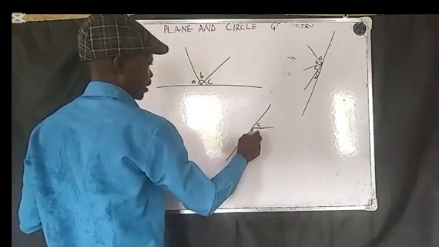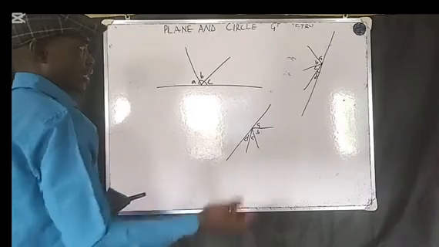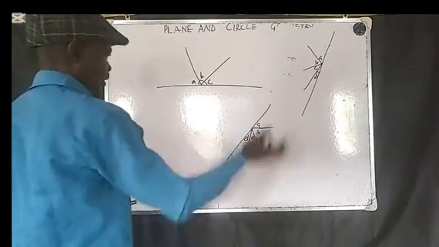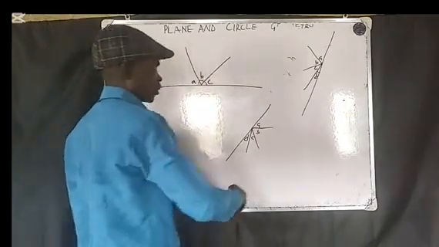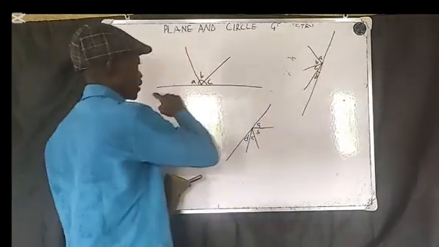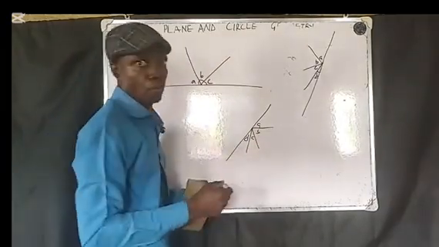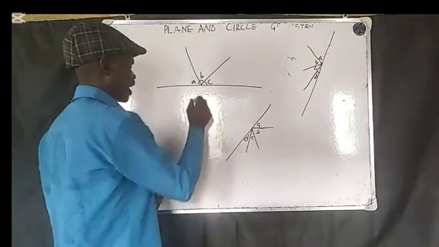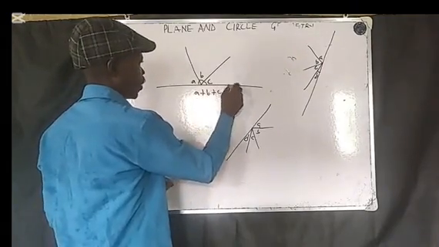A, B, C, D. So it can be broken into any number of places, whether it is 2, 3, 4, or 5, no matter how many angles it is broken into. Since all of them are on a straight line, everything must be equal to 180. Angle on a straight line, A plus B plus C equals 180.